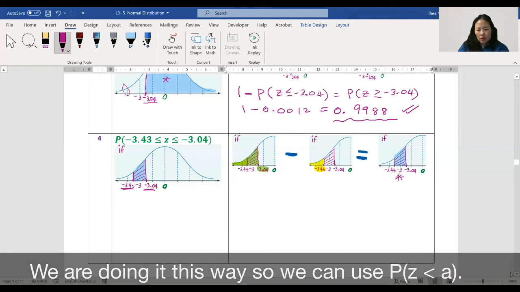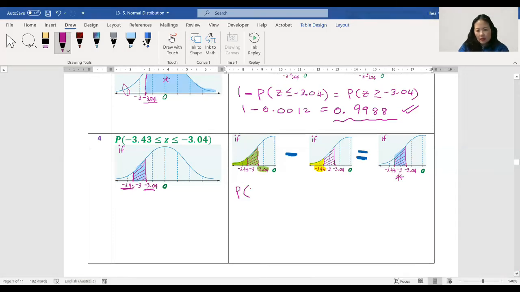So what I'm going to do is probability Z is less than or equal to minus 3.04, take away probability Z is less than or equal to minus 3.43, will give us the between.